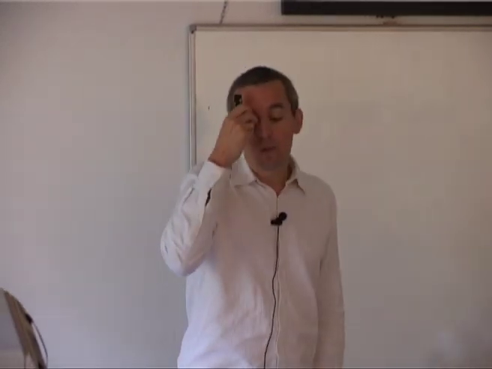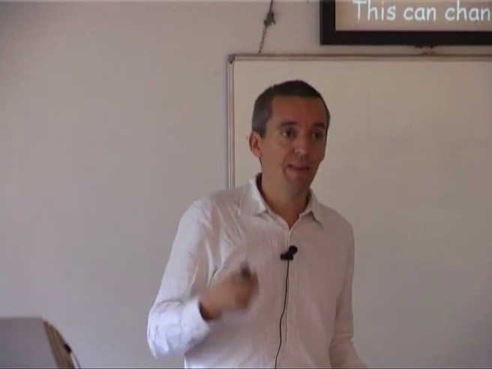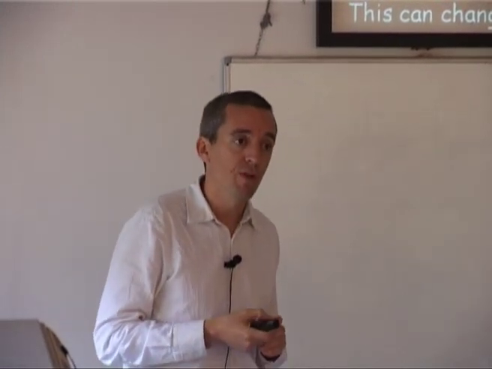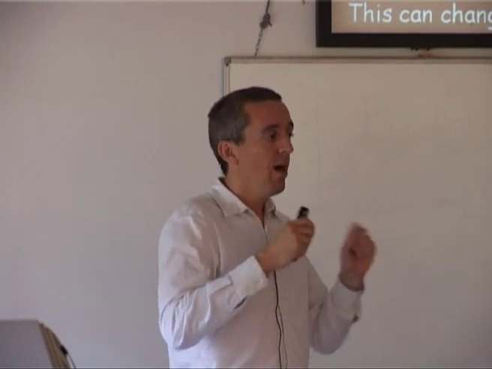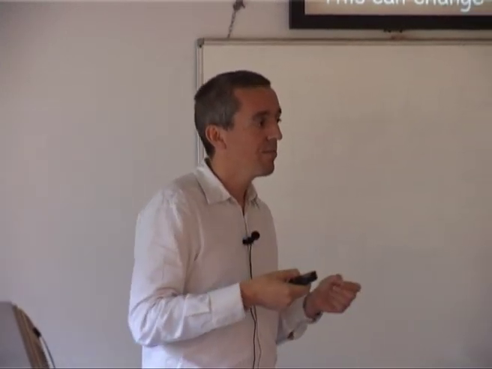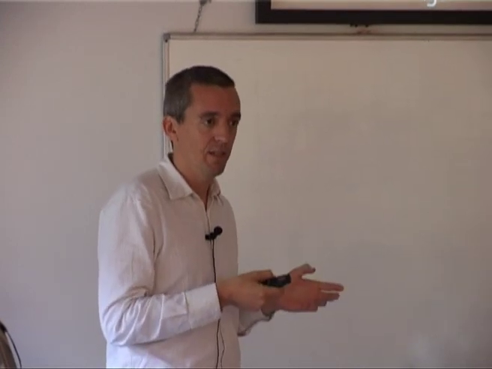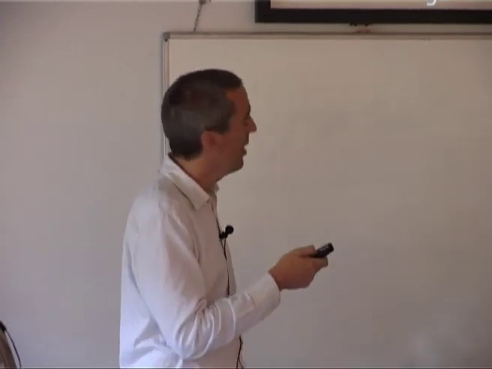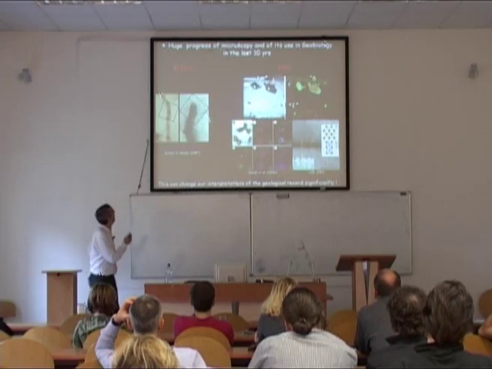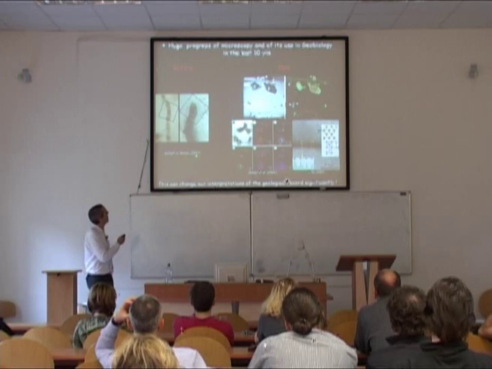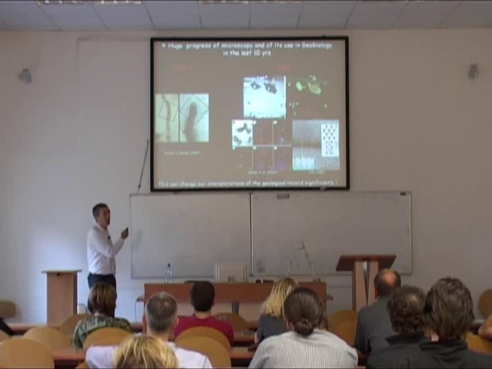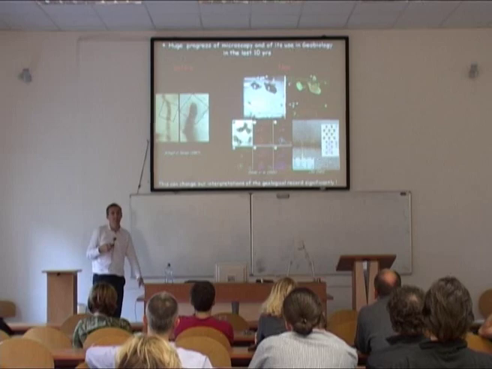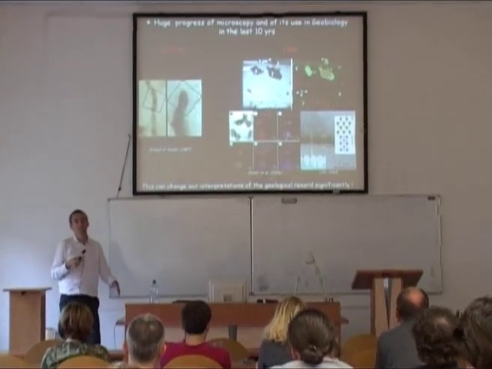Okay, so I think these methodological, technological improvements, microscopy improvements, have really marked the recent developments of that field. I'm really convinced of that. 1987, I don't know if you know this picture. So this is light microscopy, and this shows those filaments in 3.5 billion years old rocks, cherts.